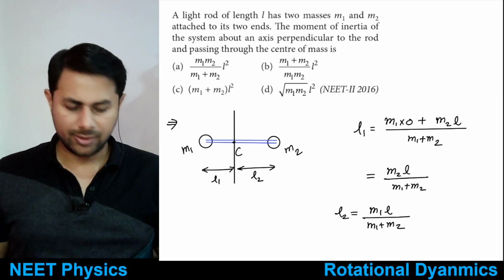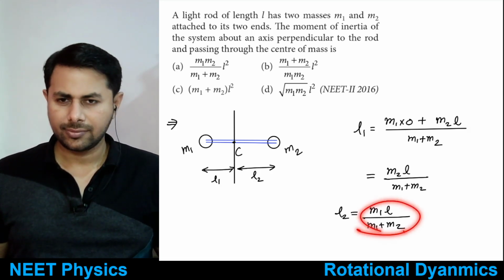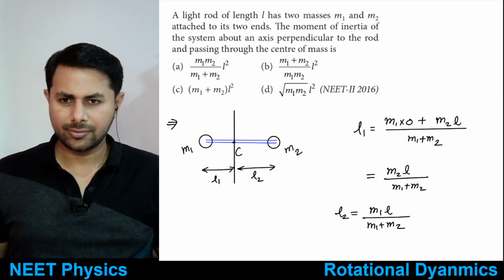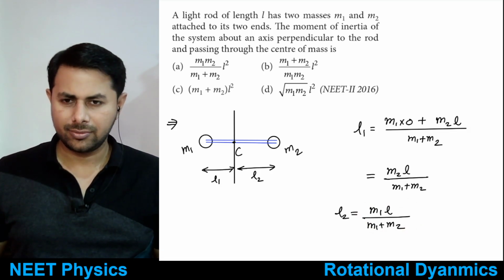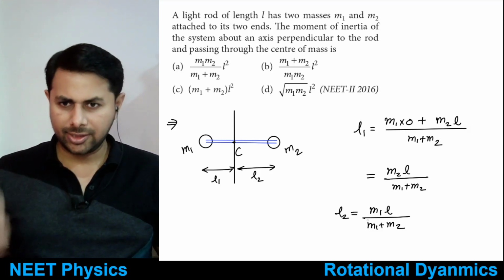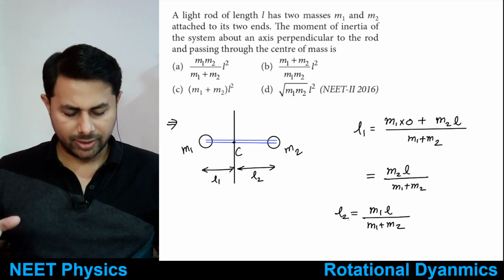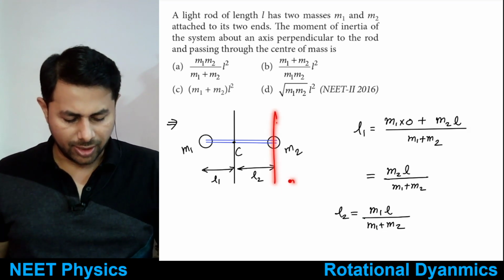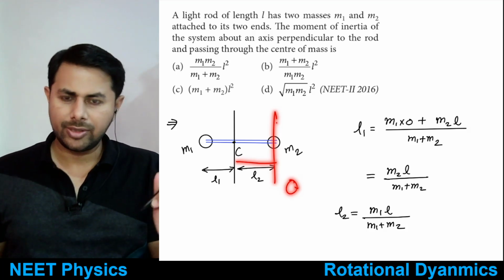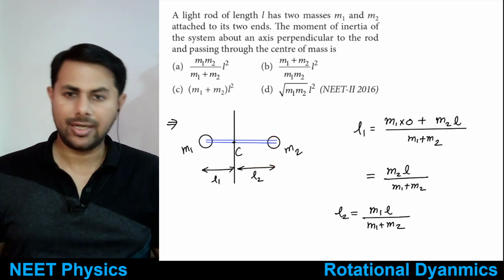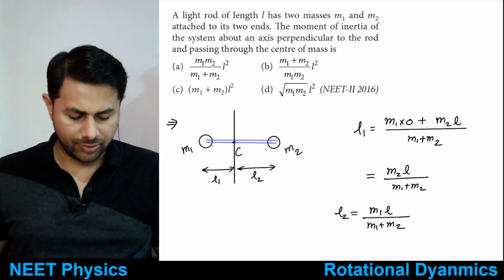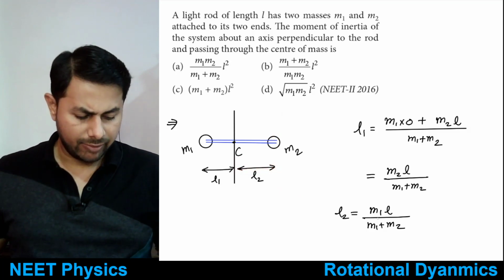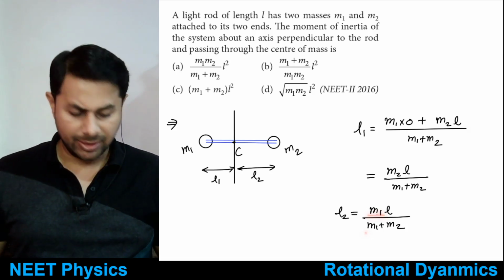This is clear? I just want the length. If you want the coordinate, suppose you call this the origin, then the center of mass would be towards the left, so that will come out negative. But I don't want that, I just want this length. So L2 is equal to m1 times L divided by m1 plus m2.